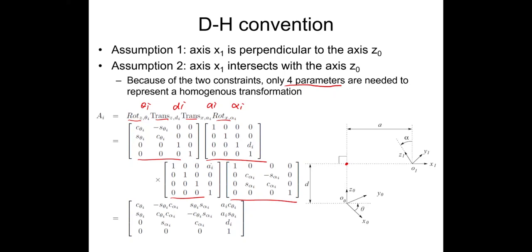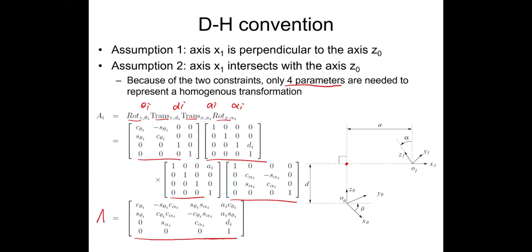For example, these two are translational motions, one along z and one along x, so that we can get these four basic transformation matrices. Then we calculate the multiplication of these four matrices to get the final result.